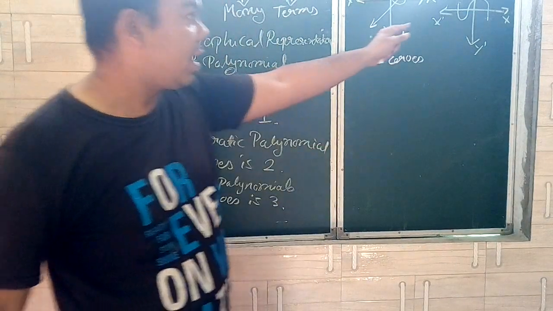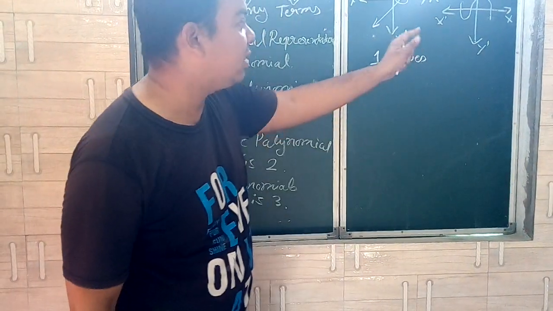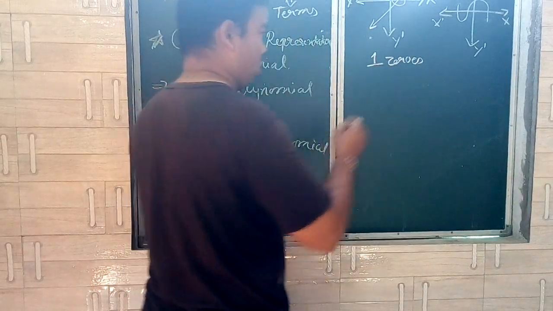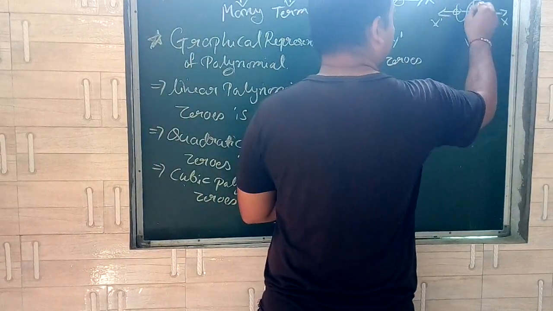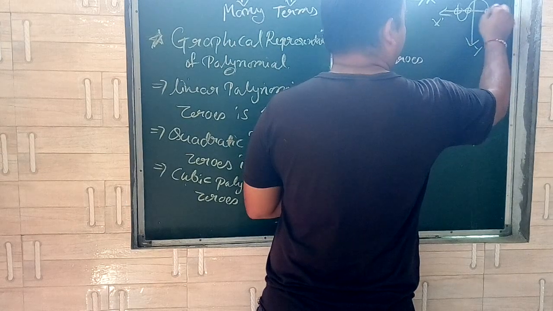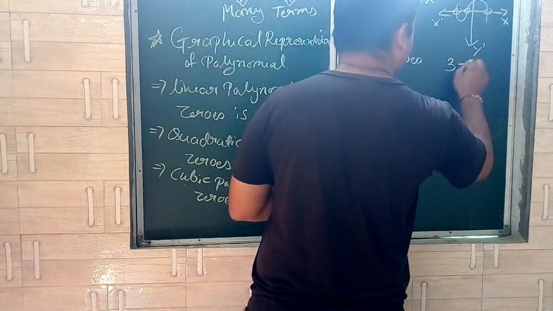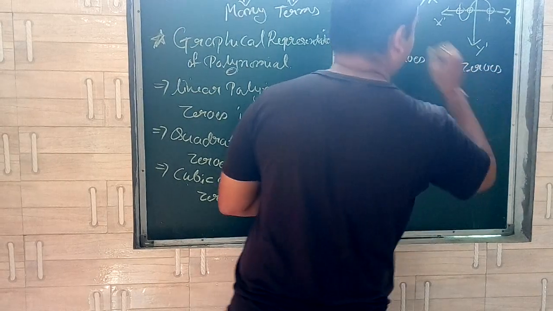Now here, can you guess how many zeros? How many? 1, 2, and 3. Okay, 3 zeros.